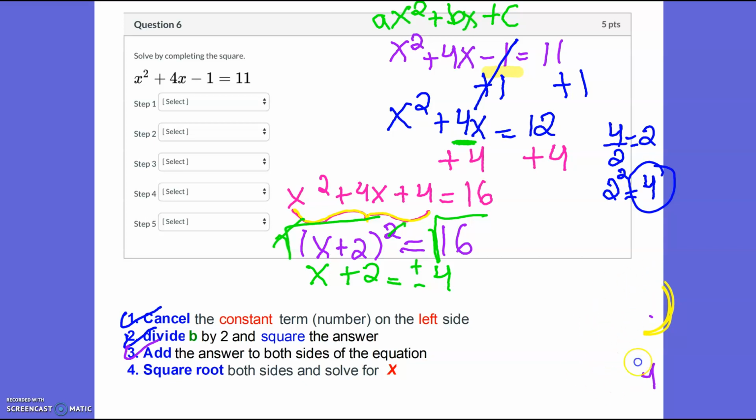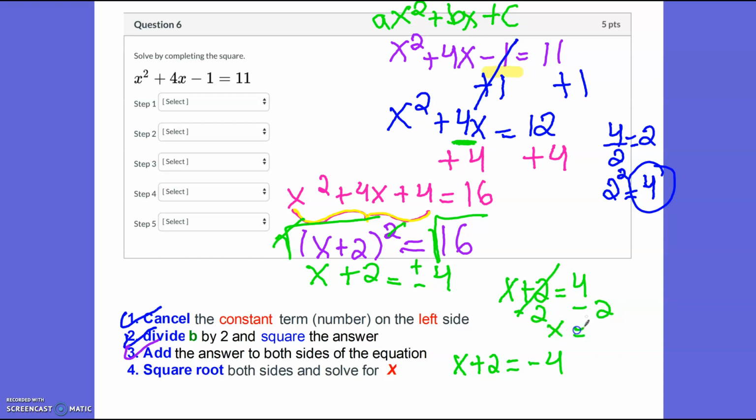So now I will set up two equations to find the values of x. x plus 2 equals 4, and x plus 2 equals negative 4. To cancel positive 2, I need to subtract 2 from both sides.